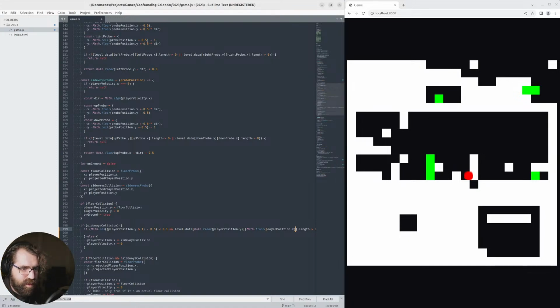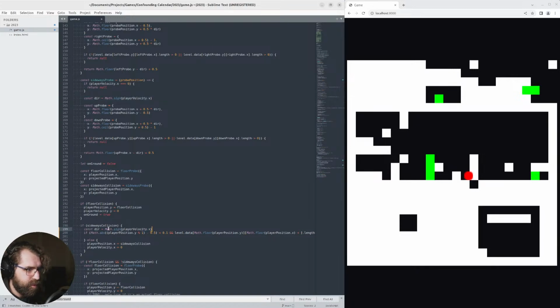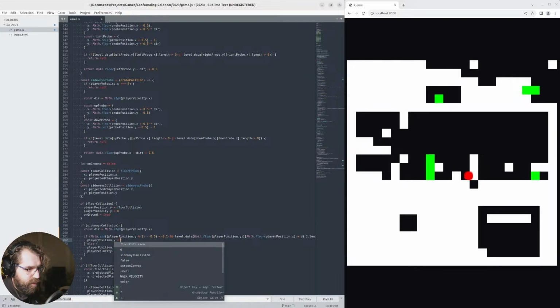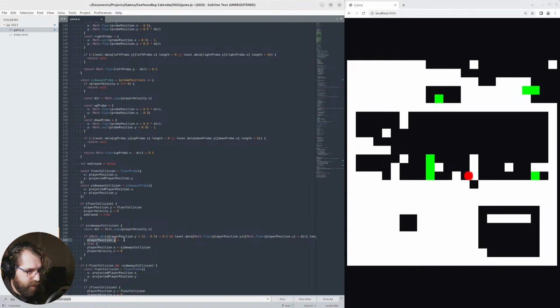Player position X. And this is going to be plus the direction that we're currently moving in. So let's get that from up here. Let's repeat that. Get the length and then probe that and then say, okay, if that's the case, then we actually want to move the player position Y to be at exactly 0.5. So we're going to floor the current thing and add on 0.5.